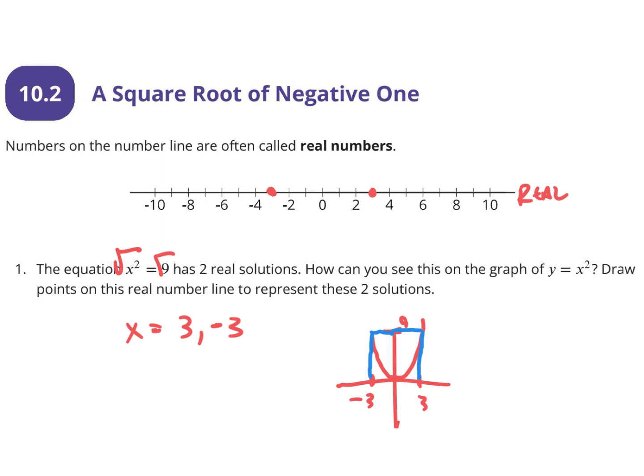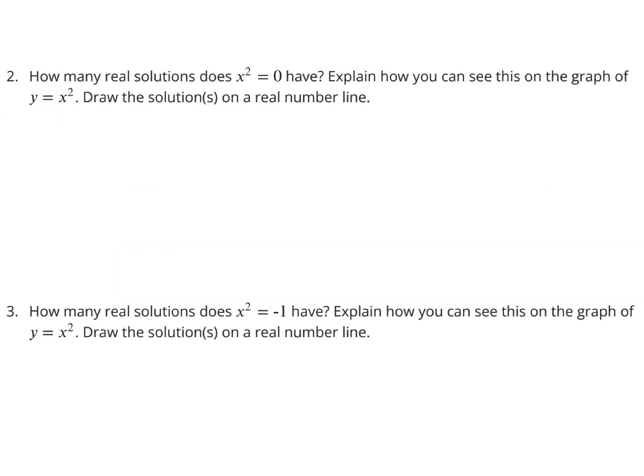That's what they mean. We did that a couple lessons ago. So that is the answer to this one, if this is the x-axis and this is the y-axis. Okay, how many real solutions does x squared equals 0 have? So the square root of 0 is 0. So it just has 1.